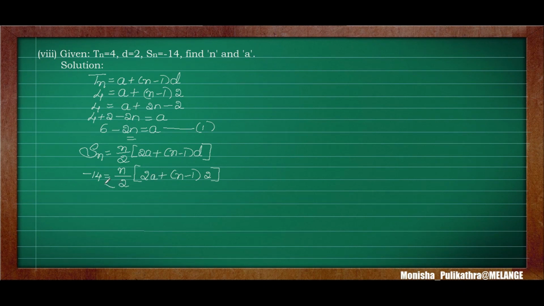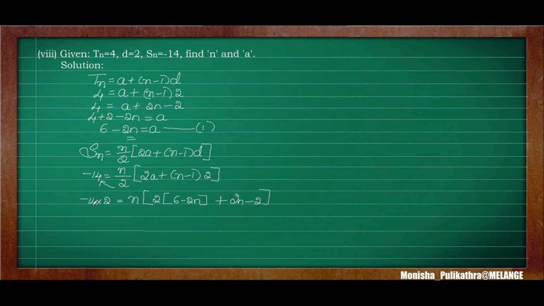Okay, so here we can cross multiply 14 into 2. So minus 14 into 2 is equal to n into 2, in the place of a I am substituting 6 minus 2n. Next, plus 2 into n is 2n, minus 2 into 1 is 2.